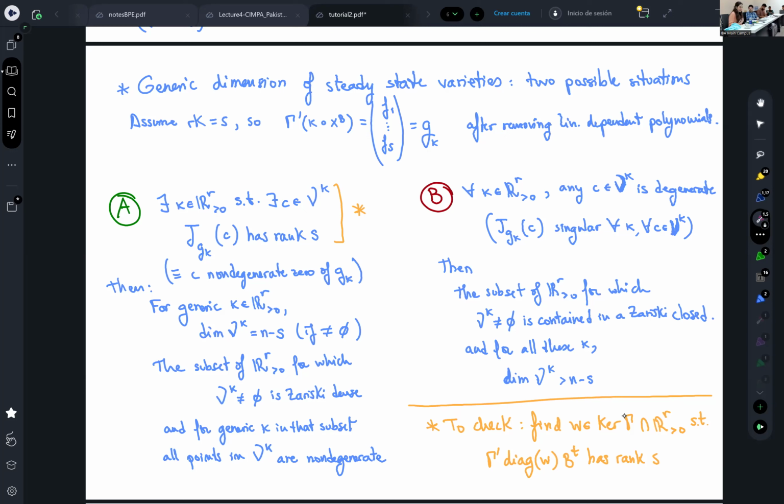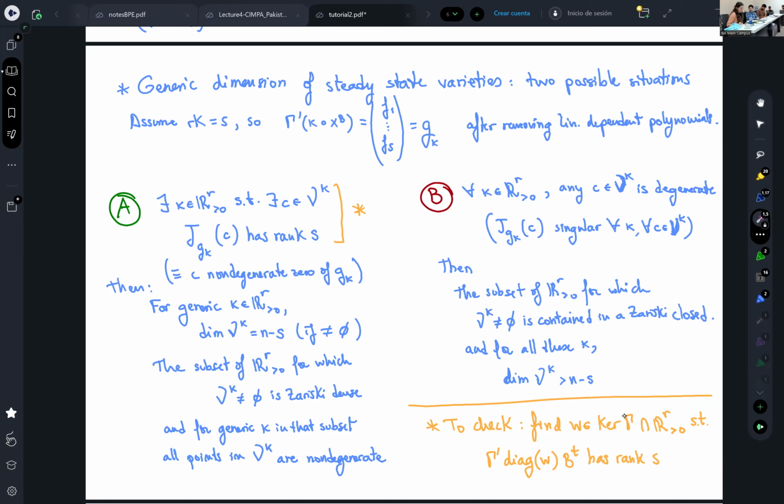So it would behave as a linear system, and all points are non-degenerate. If this is not the case, if I cannot find a K with a non-degenerate point, then the subset of Ks for which the positive steady state variety is non-empty is very small.